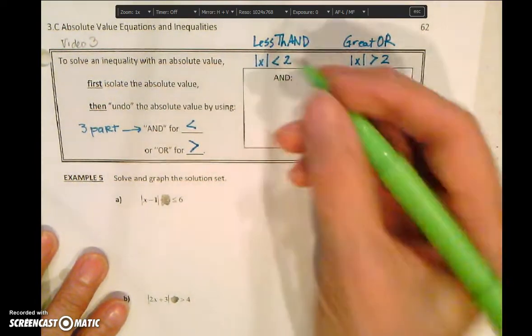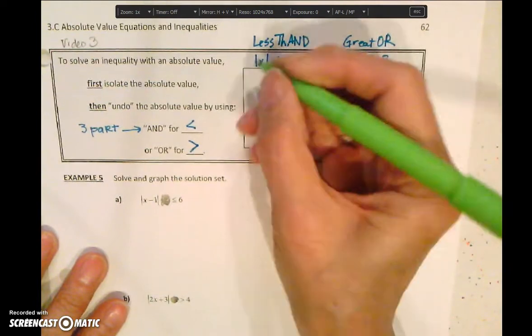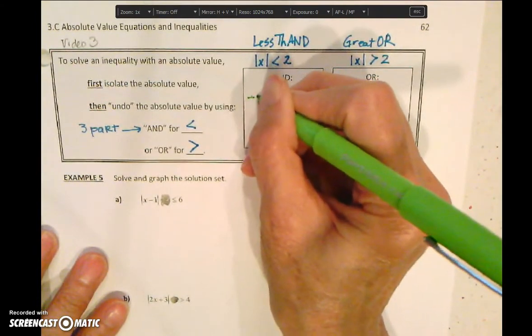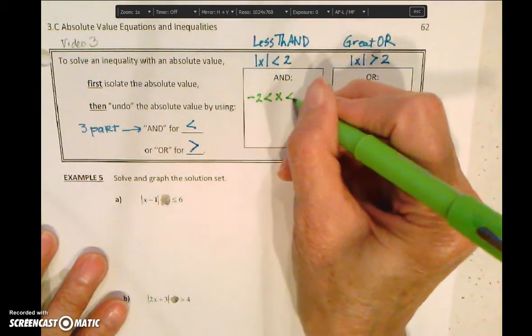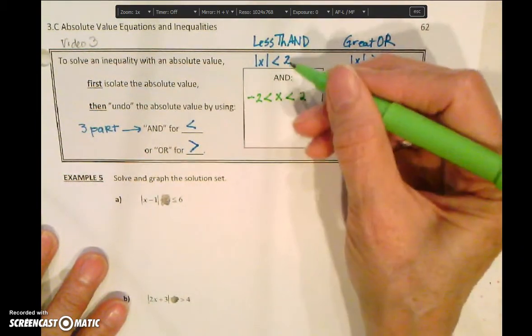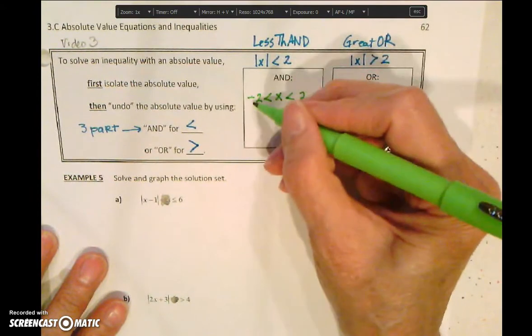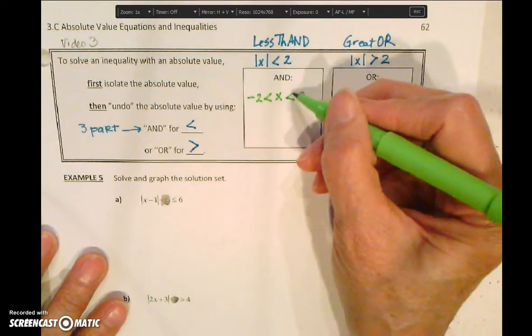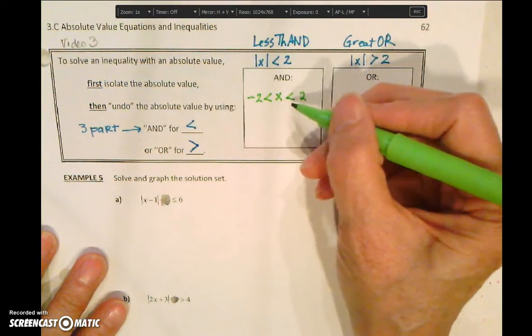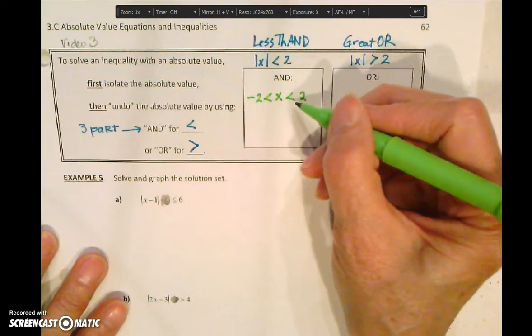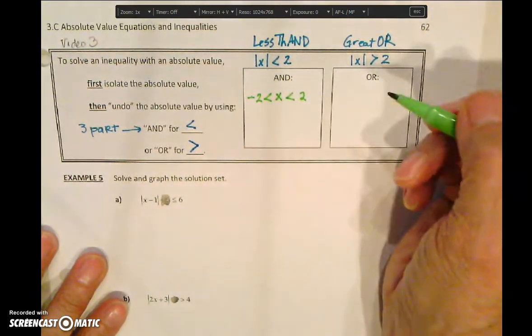I'm going to take the inside of this, x, and on the left, I'm going to put the negative and say that negative 2 is less than x, and it's going to be less than the positive. So I put the positive here, negative here. Notice that these inequalities are going the same direction. You cannot have them going opposite directions. They have to go the same way right there. So it looks like that.